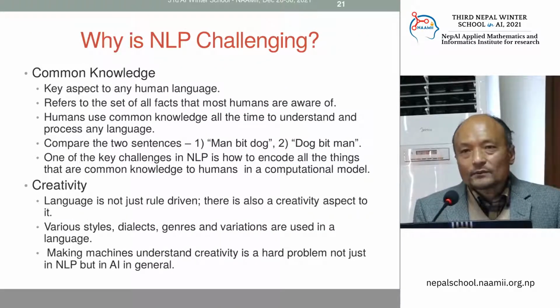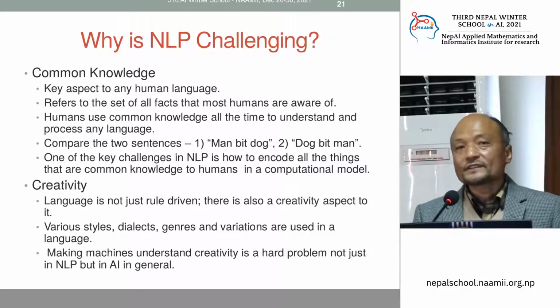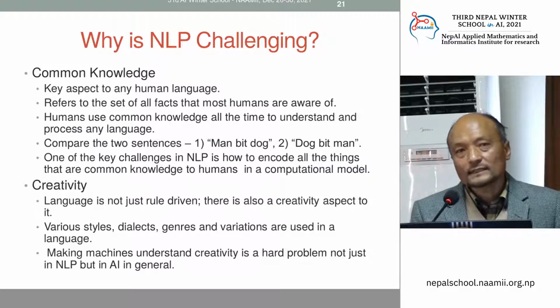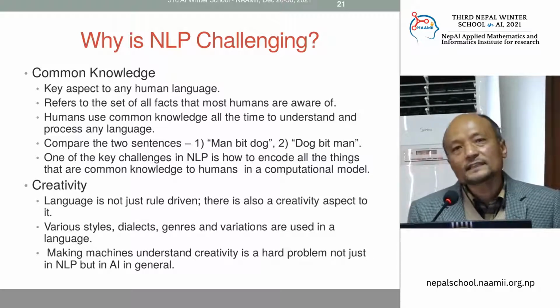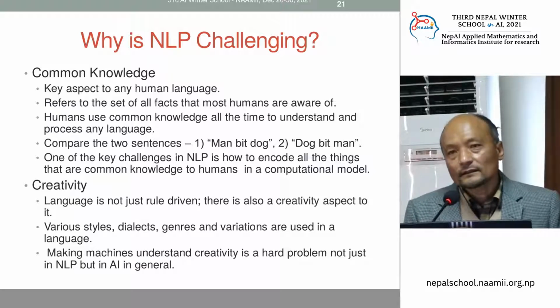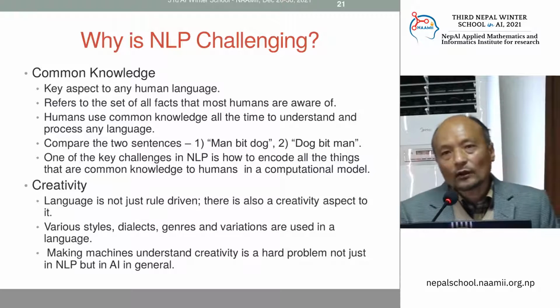Besides ambiguity, another thing that makes NLP challenging is common knowledge. We humans have a lot of common sense knowledge, which the machines do not necessarily have. Look at the sentences: man bit dog versus dog bit man.